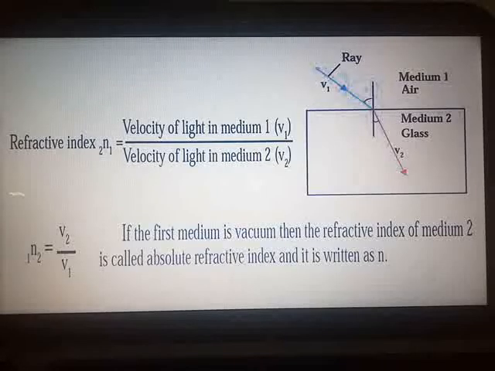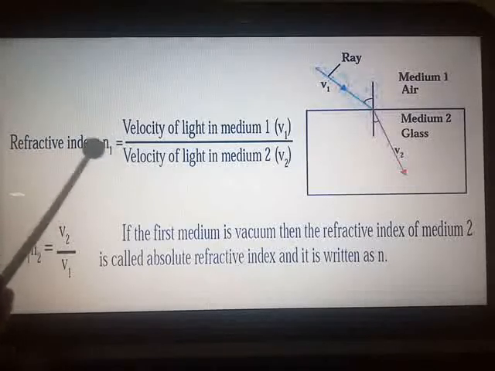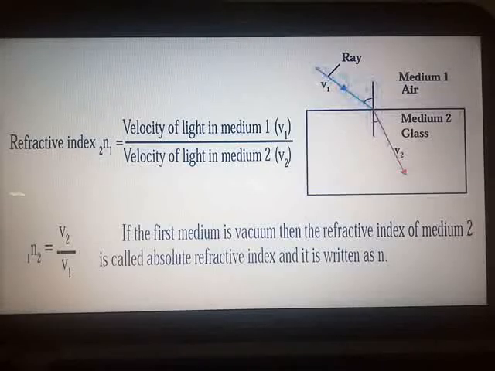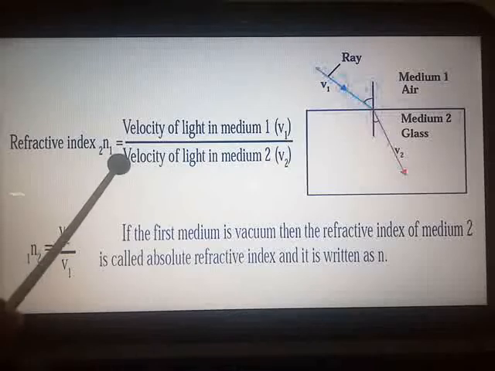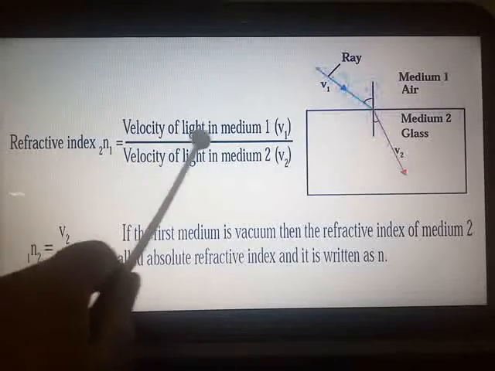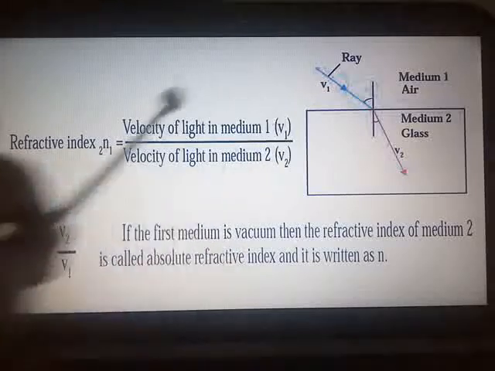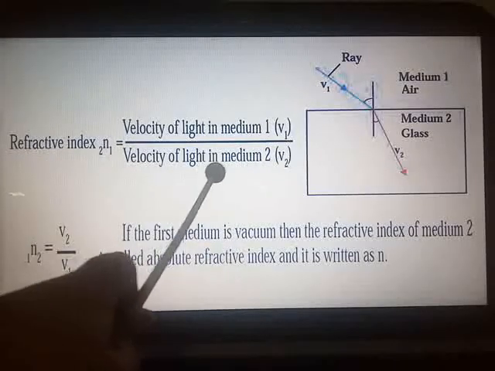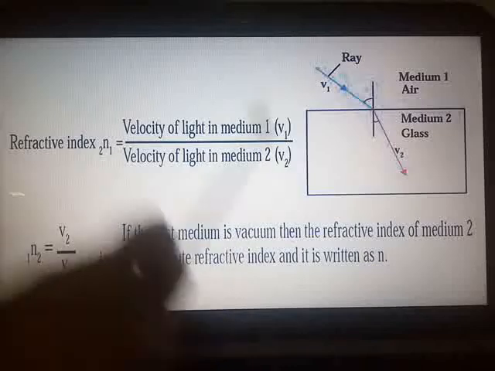So the refractive index of the second medium with respect to the first medium, denoted by small n, is equal to the ratio of velocity of light in medium 1, that is V1, upon velocity of light in medium 2, that is V2.